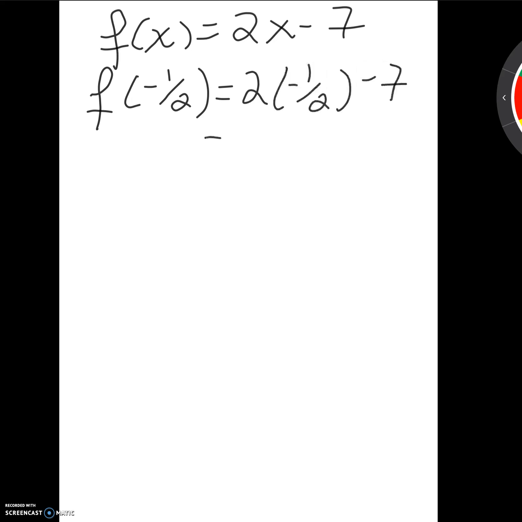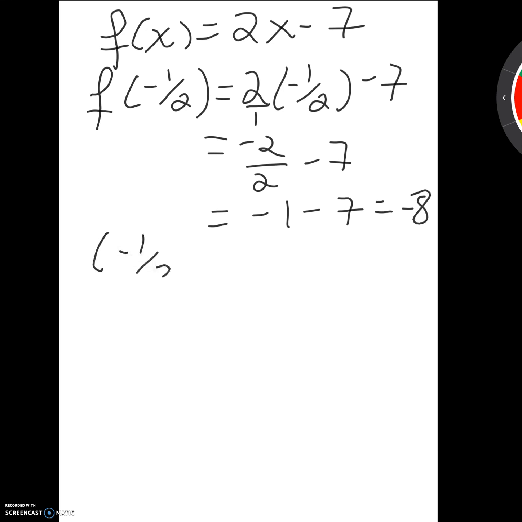And then we're going to simplify it as much as we possibly can. 2 times negative 1/2 is negative 2 over 2, minus 7. That gives us negative 1 minus 7, which is negative 8. And so that's telling us when x is negative 1/2, y is negative 8. So we have another ordered pair that's on here. And another way to write that using function notation is f of negative 1/2 is equal to negative 8.